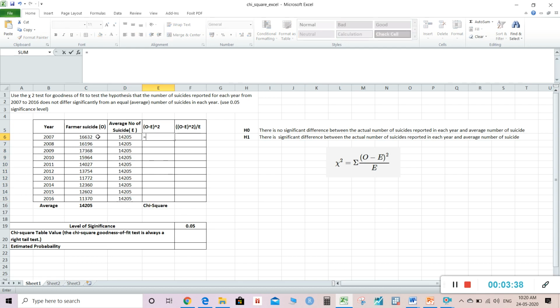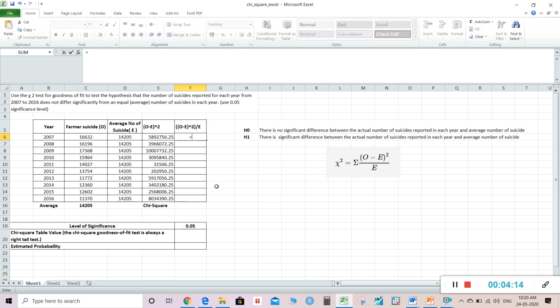So let us calculate the observed minus expected value square. So that means this value minus this value, take the square. So that will give you this number. So we have for each year, this is the observed minus expected all square. So now we need to find out the deviation of this square from the expected value.